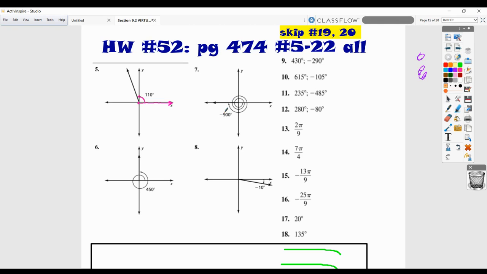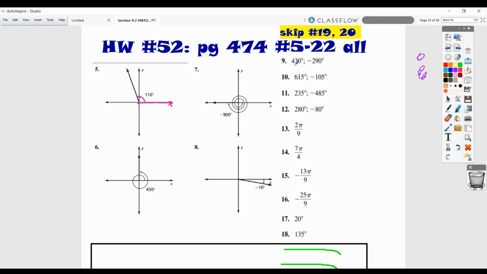And then it ends up at negative 900, which is at the 180 degrees mark, and writing that. 450 degrees is 360 plus 90, so we add that on there. And negative 10 degrees would be just a little bit clockwise from 0, and labeling that.